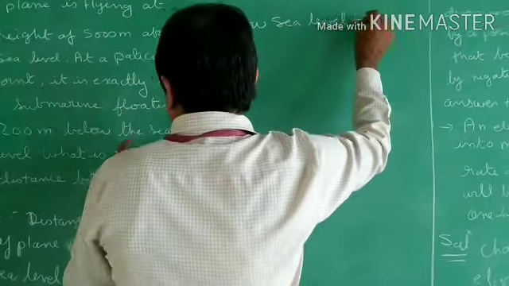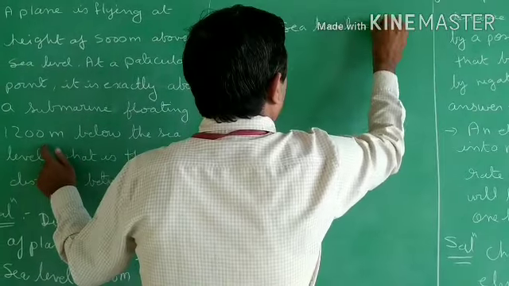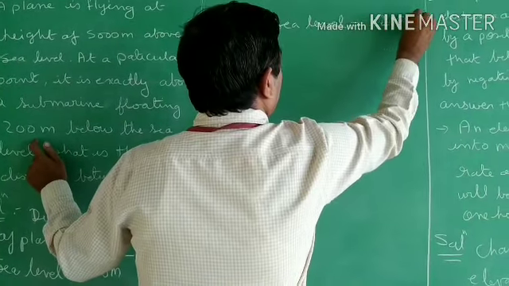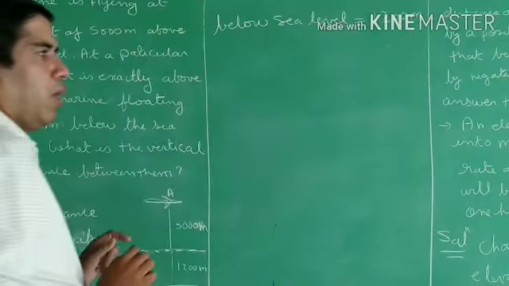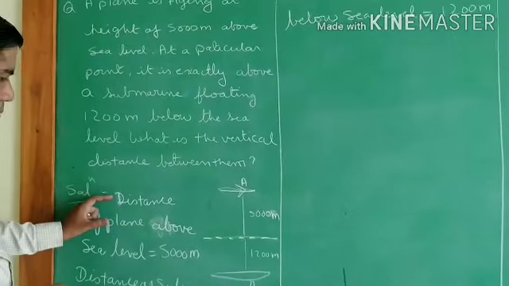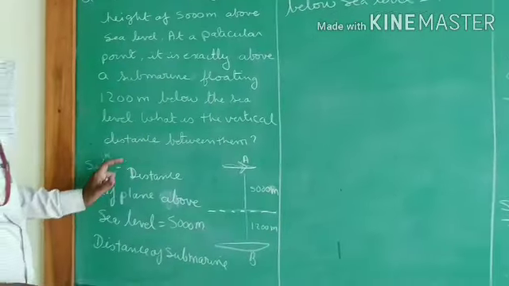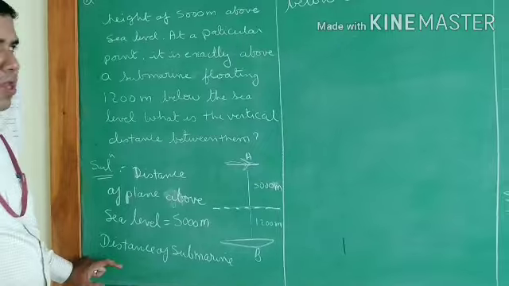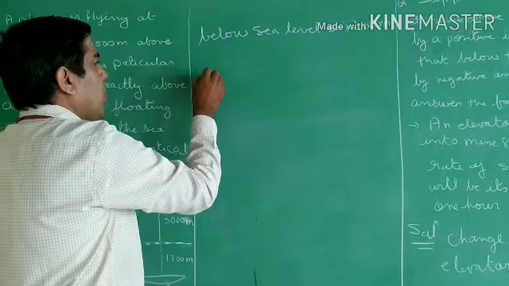It is given 1200 meters. This is the first statement, the information statement. Now the calculation statement, we will do the calculation.